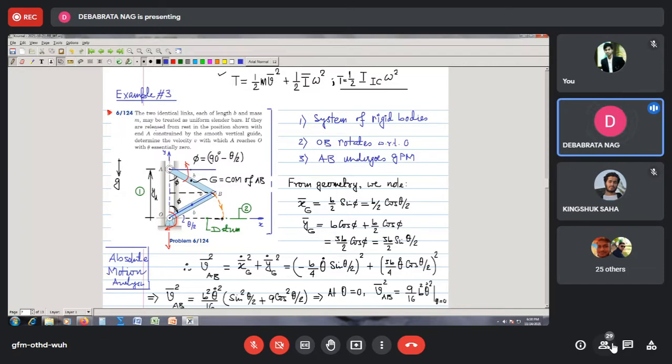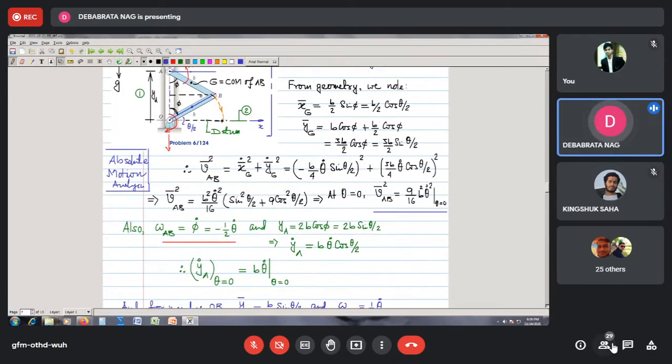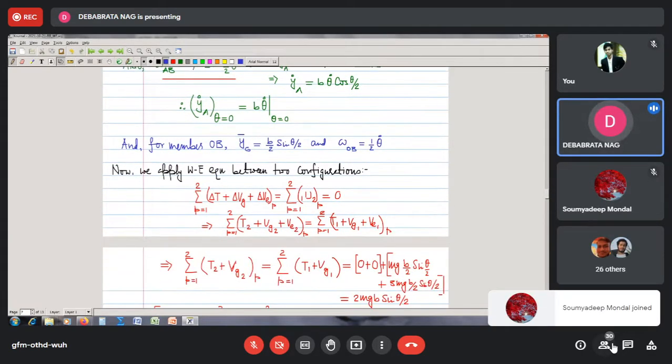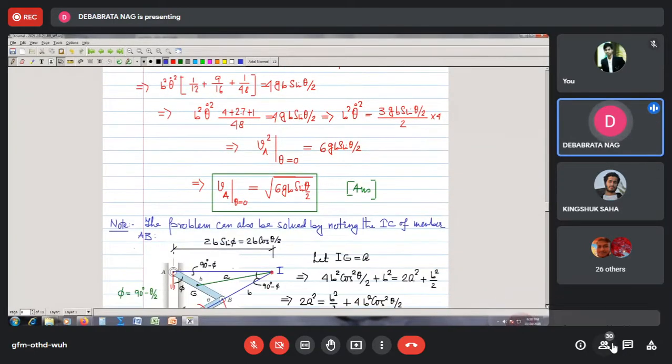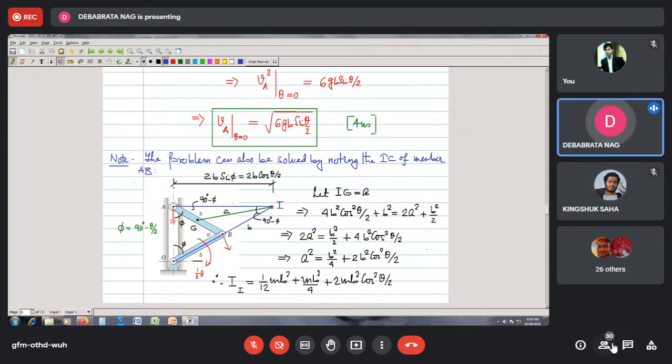That means you are released in an arbitrary geometry and asked to calculate the velocity of the point A for theta equal to theta by 2 when the system is released from rest. Then, if you follow the instantaneous center approach, you need to follow this methodology. That means this method.